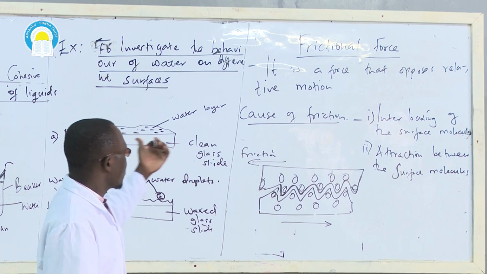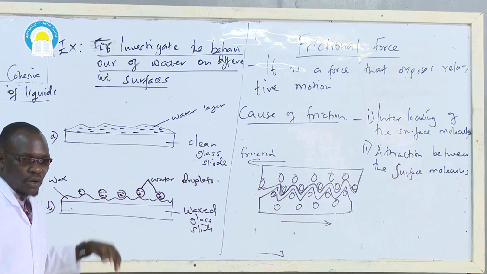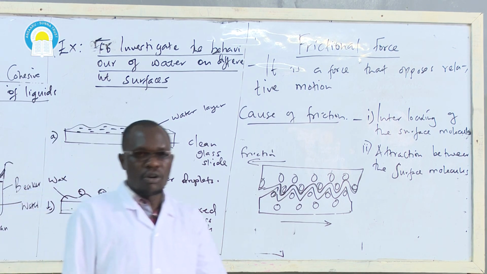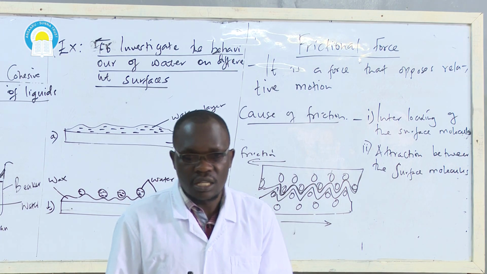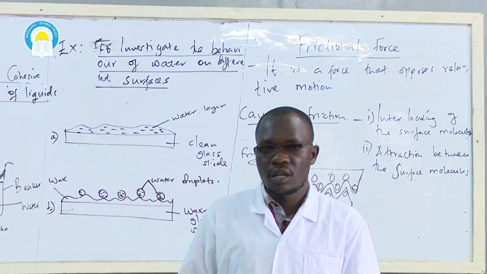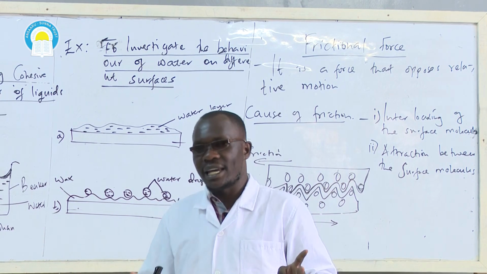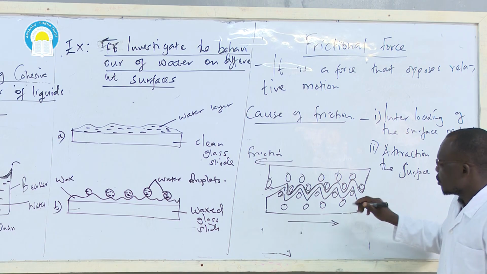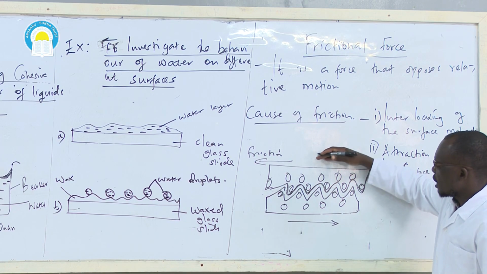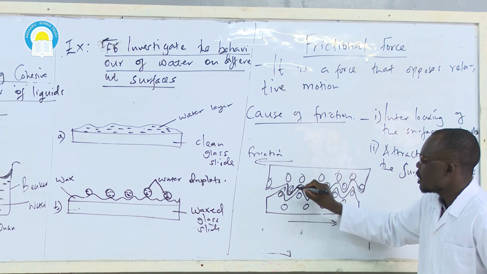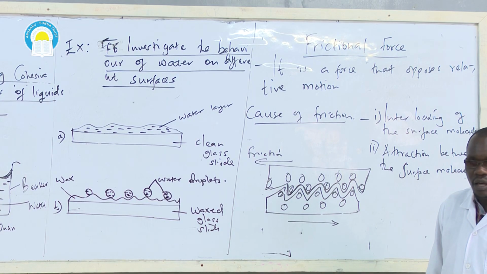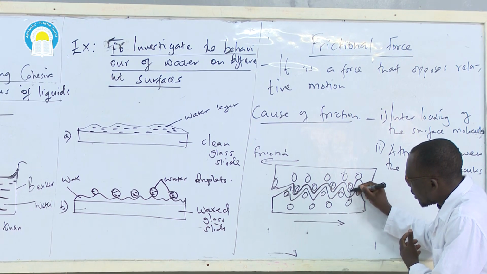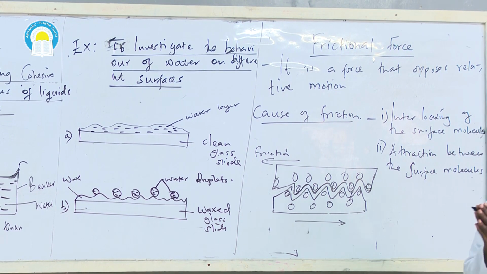In my previous subtopic, we were talking about cohesive and adhesive force. And I said there is an attraction between molecules of the same kind, that is cohesive forces, and a force of attraction between molecules of different kind, that is adhesive forces. So this is my hand containing molecules. This is another hand containing molecules. These are molecules of the same kind. Therefore, there exists a force which will always pull them towards each other, a force which will try to attract them together.